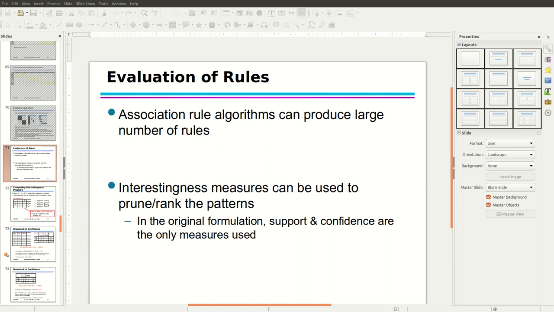In that table we have f11. That means the support of X and Y together. If it is X and Y not, then it is f10. And then we have totals: f1+, f0+, f+1, f+0. Those are the row totals and column totals.